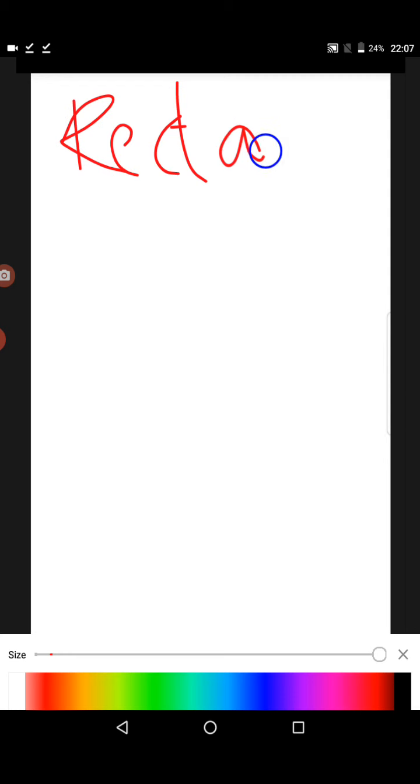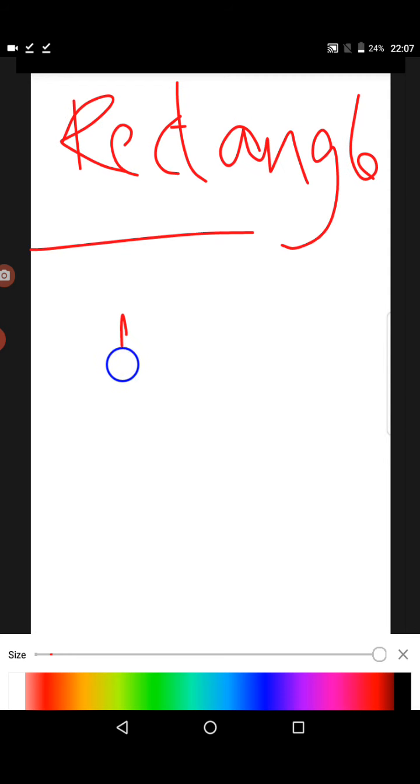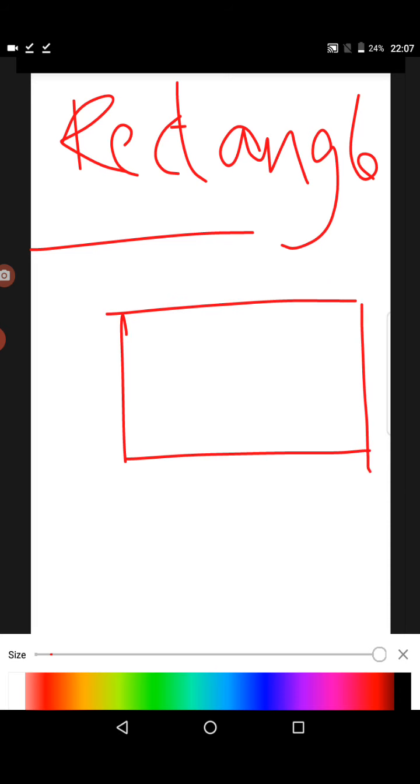Next we'll move on to rectangle. Let's draw the diagram so that it makes it easier for us. Right. Now let's name it. A, B, C, D. Now I will say the points.